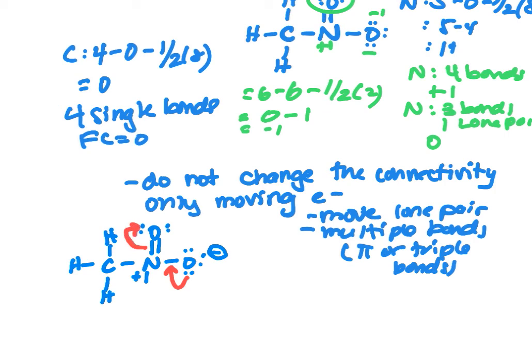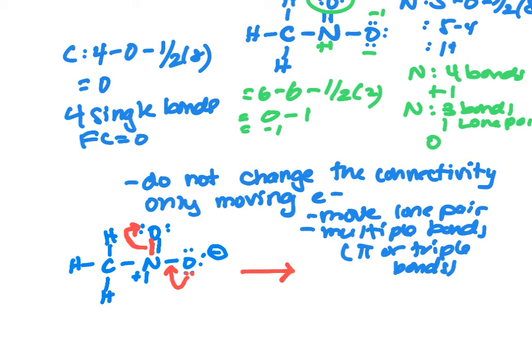Again, let me explain what these arrows mean. The start of this arrow indicates that the lone pair is going from the oxygen to between the nitrogen and the oxygen. Then this second arrow up top means that the electrons in this pi bond are moving from between the nitrogen and oxygen out onto the oxygen.